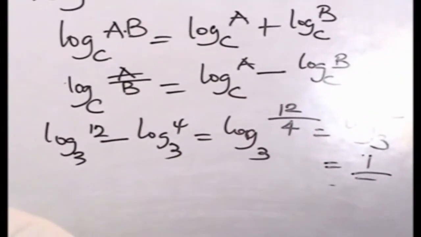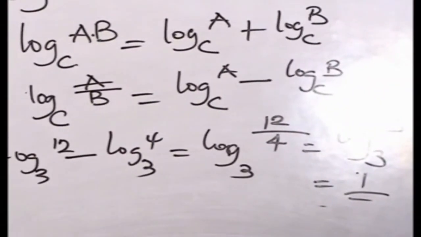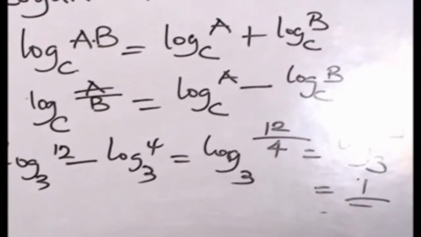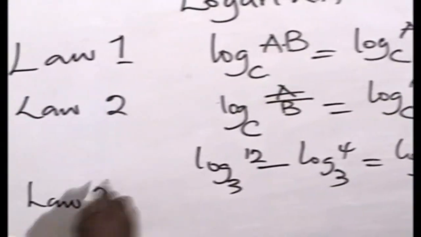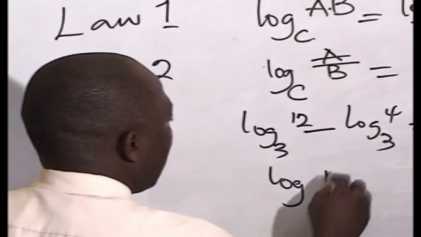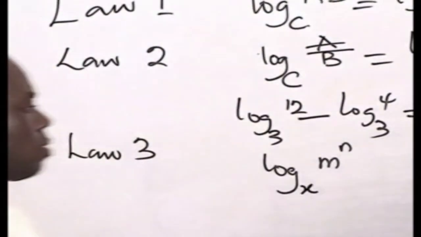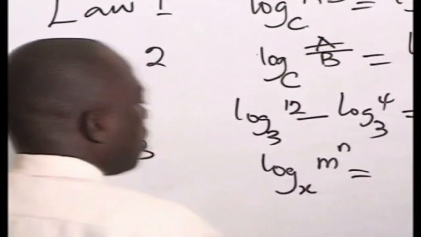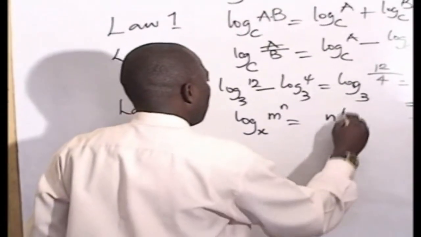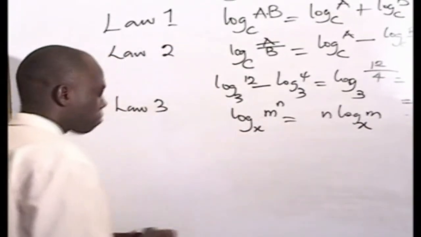Now the third principle. Law 3 says when you are given an initial logarithm of the format log m raised to power n base x, this can be further re-expressed as n log m base x.